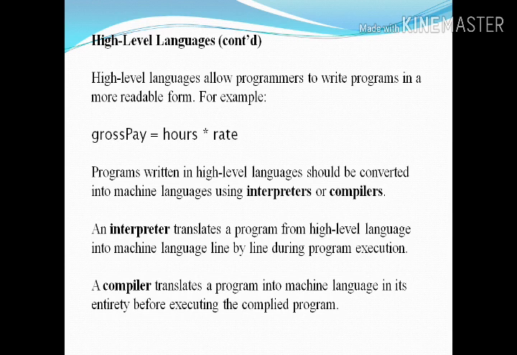Interpreter translates the program from high level to machine level language line by line, whereas the compiler compiles the total program, the entire program, directly into machine language. So please go through, which will be more beneficial for you.